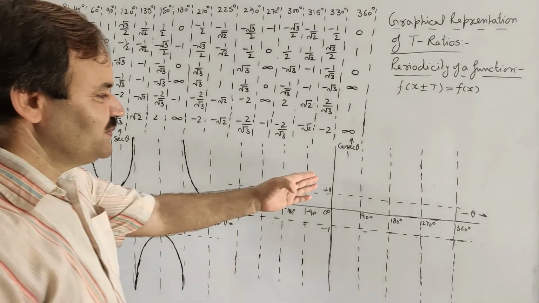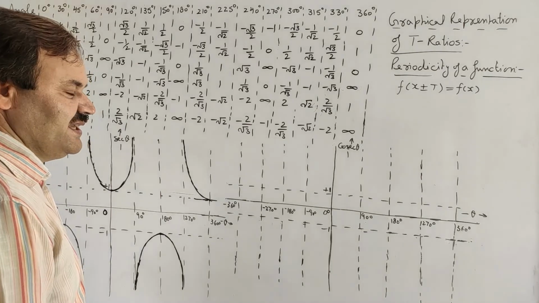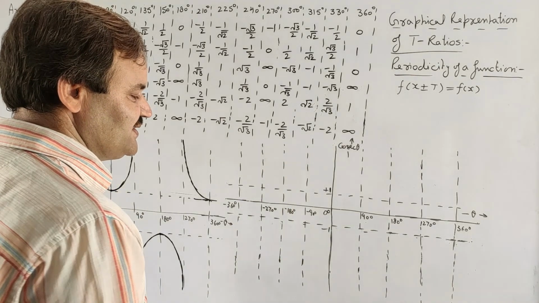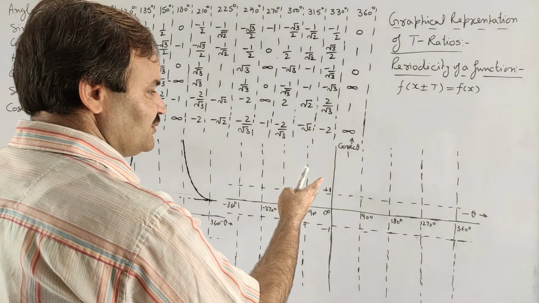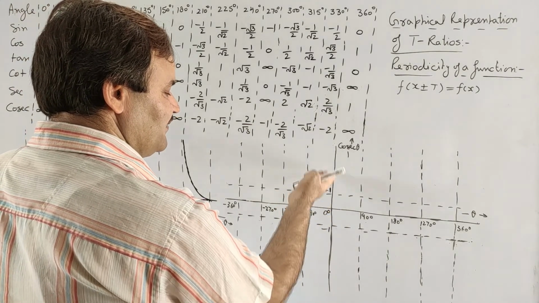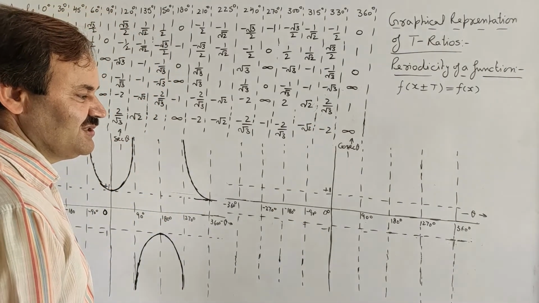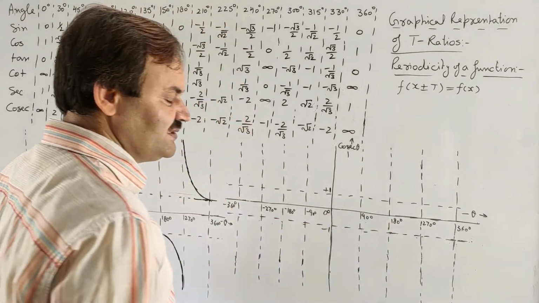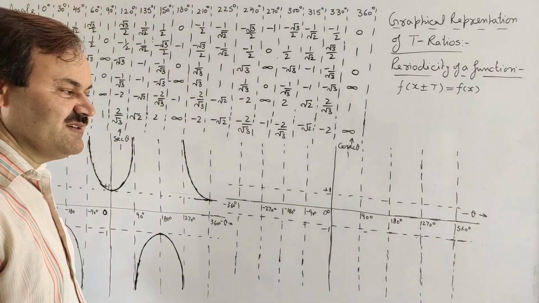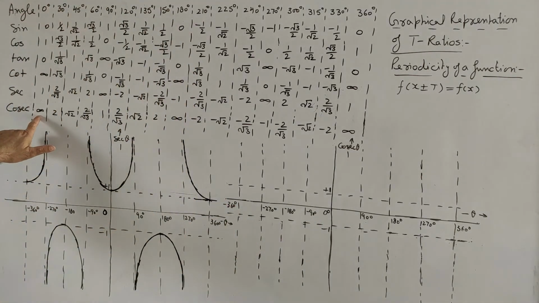Now we come to the pictorial representation of cosec theta with angle theta. Again the value of sin theta changes from -1 to +1. So the value of cosec theta will always be greater than or equal to +1 or less than or equal to -1. For the first two quadrants, that is from 0 degree to 180 degree, cosec theta will be positive, and at 0 degree cosec theta will have infinite value.